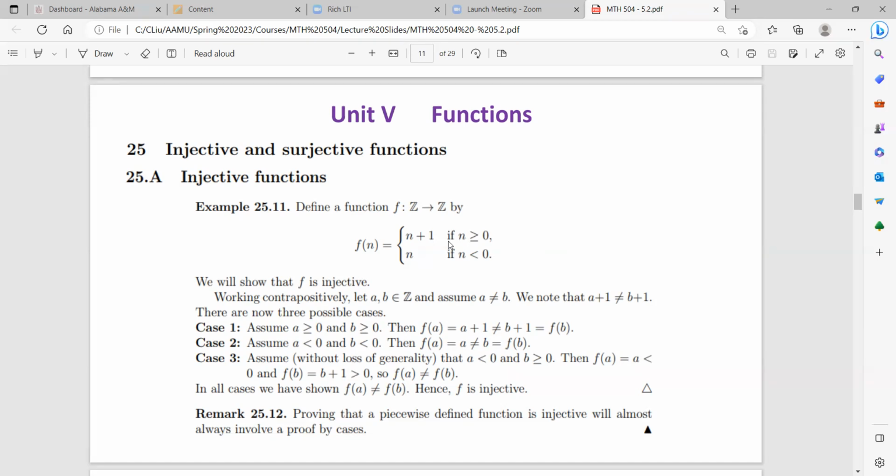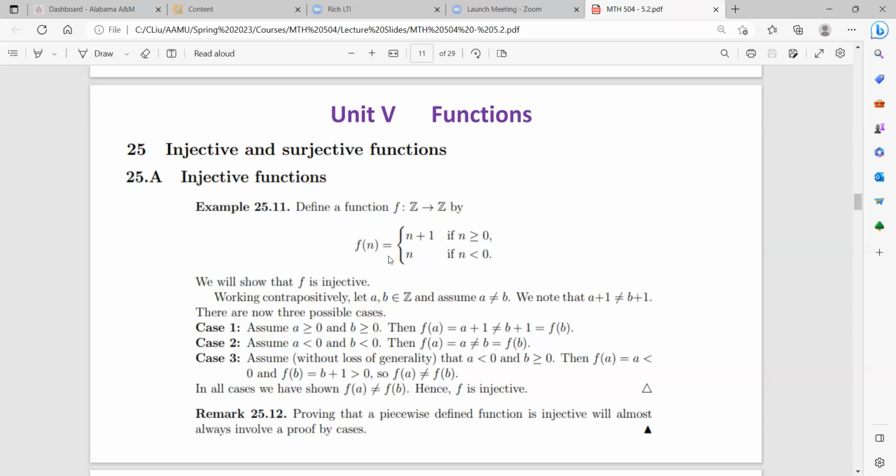So we can do the same thing as we did before. You can pick two arbitrary integers, n1, n2, and set f of n1 equal to f of n2. Then you should be able to conclude that n1 is the same as n2. But it turns out it's even a little easier if you do it the other way.